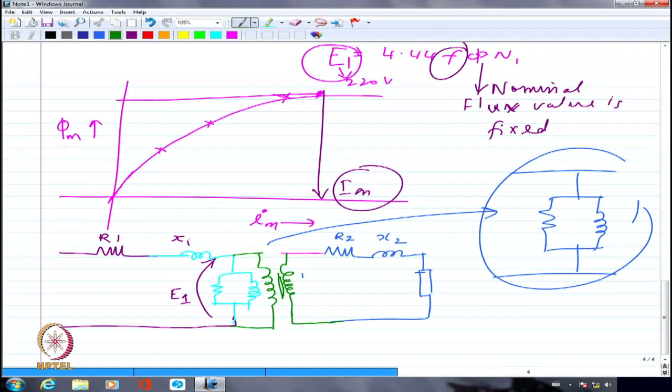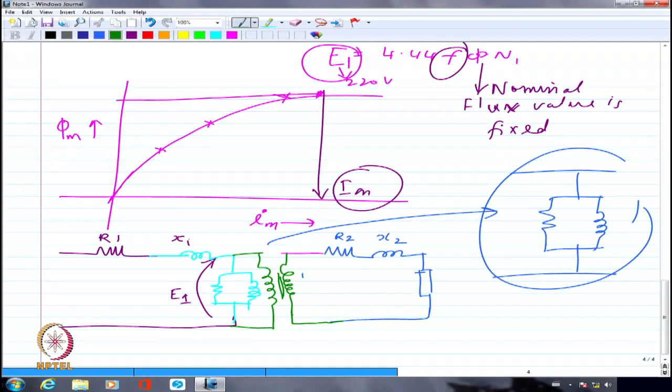Right? Now I can transfer these things to the other side. R2 and X2 and ZL, I should be able to transfer over to the primary side. If you want to show it on the other side, you have to again say RC multiplied by N2 by N1 the whole square.